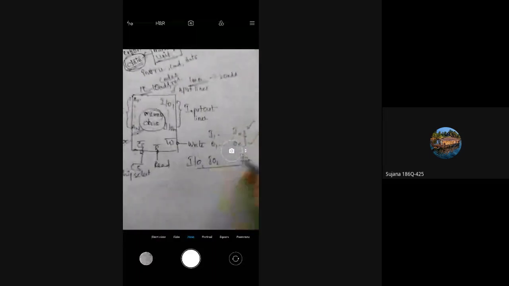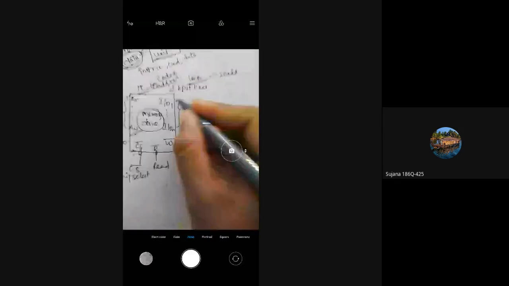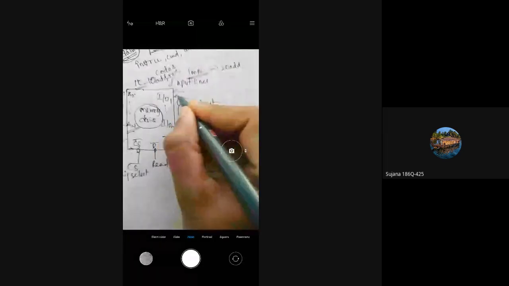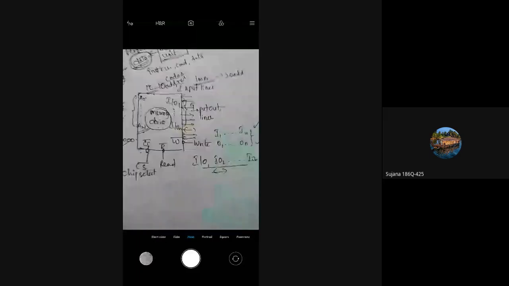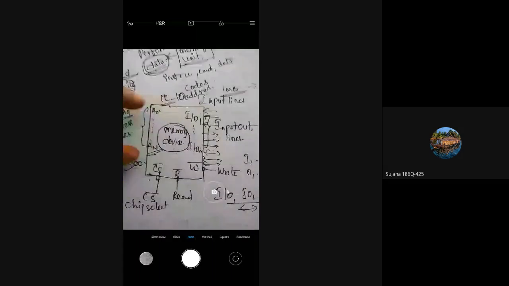So this is the representation of input lines and output lines. Some devices have separate lines, and some have bidirectional input output lines. Then we have address lines. Based on the device capacity, the address lines will be provided to that particular device.